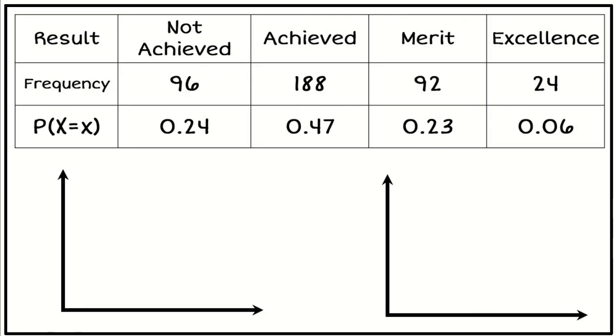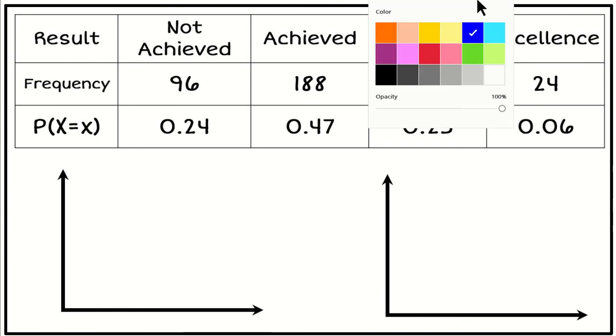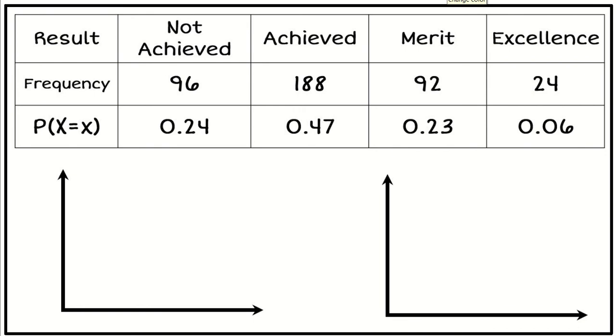If I now take that data and want to draw that as a graphical representation, there are two different kinds of graphs that I can draw. I can draw a frequency graph, and that's where we have our frequency on this axis here. So my frequency is this one here, so that the highest is 188.